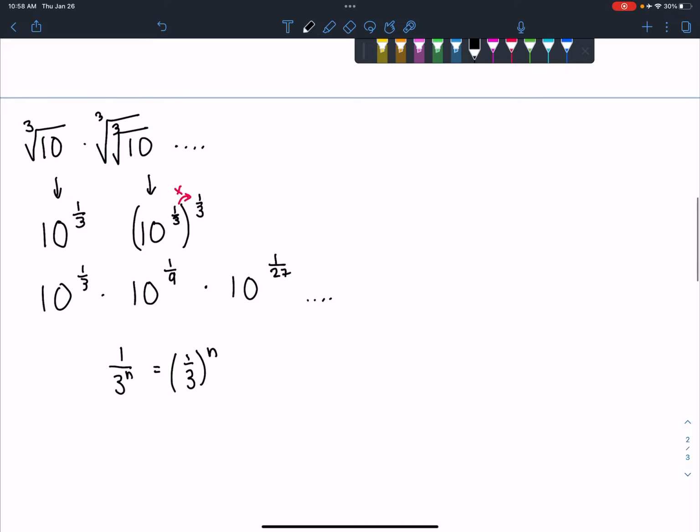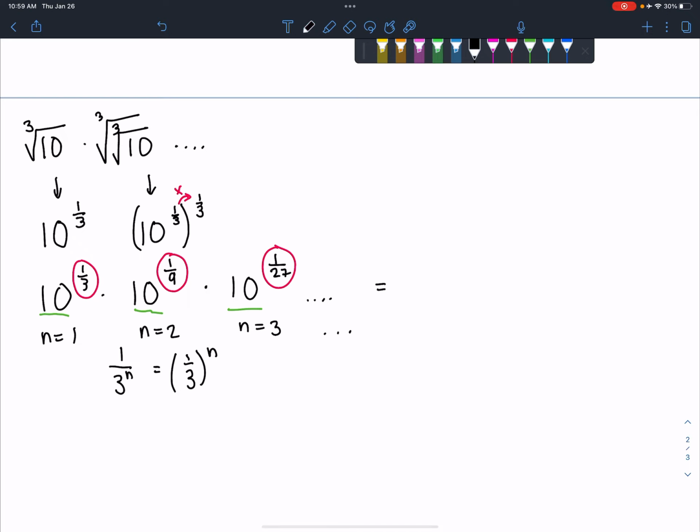What that means is that this power keeps getting smaller by a factor of 1/3, and we'll say that n equals 1 here, n equals 2, n equals 3, right? So we keep going. So I noticed that we can't really do an infinite series, like a sum, because it's not a sum, but it is a sum when you consider the exponents, because when you multiply the same base and you have different exponents, you actually add these exponents together.